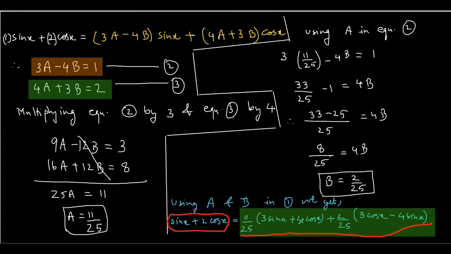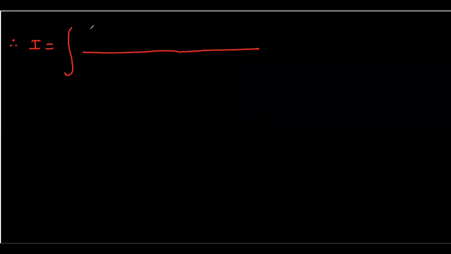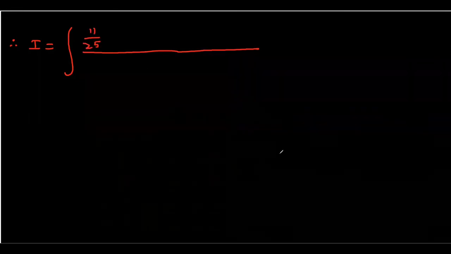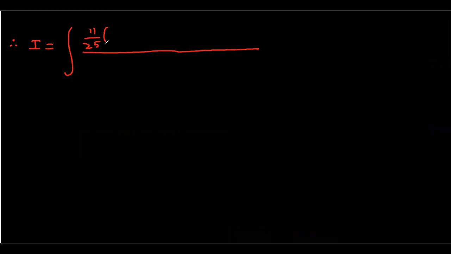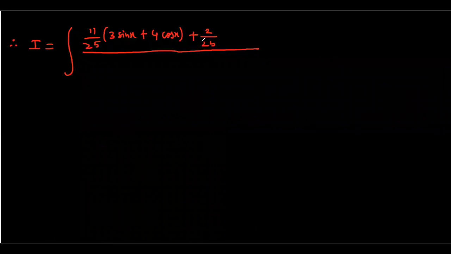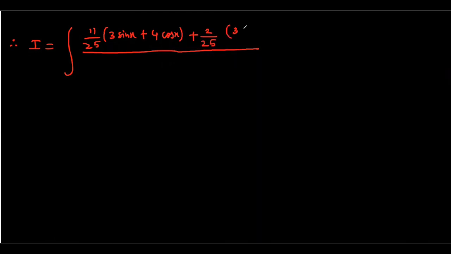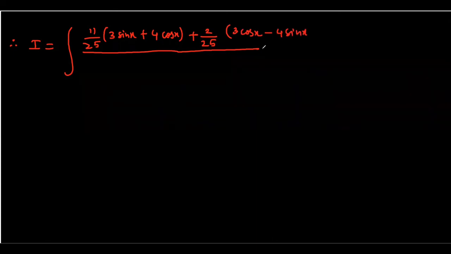So for the numerator I will write 11 upon 25, what was A? A was 11 upon 25, into the denominator, which is 3 sin x plus 4 cos x, plus b. B is 2 upon 25 into the derivative of the denominator, which is 3 cos x minus 4 sin x.